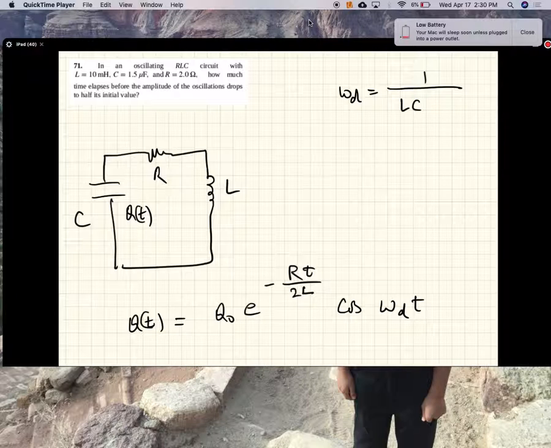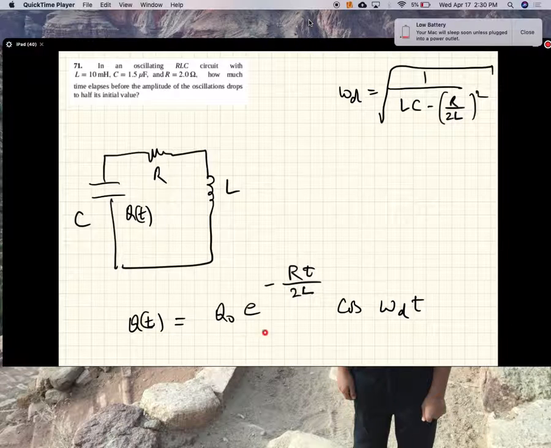1 over LC minus R over, you guys will have to look up this. Can you check this expression? When R equals 0, it goes back to the normal frequency. Anyway, here's what's relevant to us.